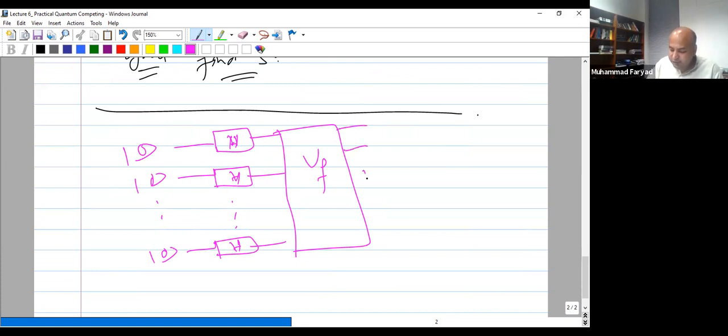Then when you get the output of the phase oracle, you apply the Hadamards again, and then you apply the measurement operation in the computational basis, and whatever the output is, now classical, this output is actually the secret bit string s0, s1 all the way to s(n-1).